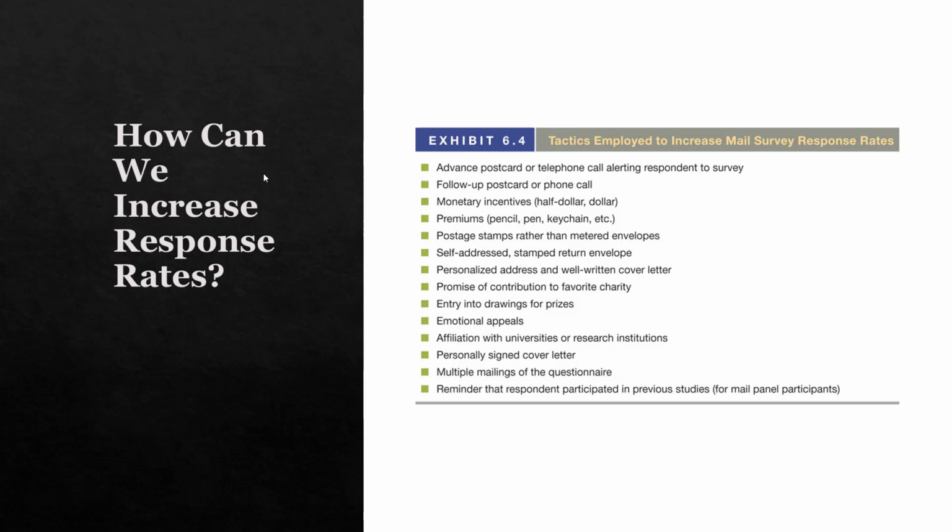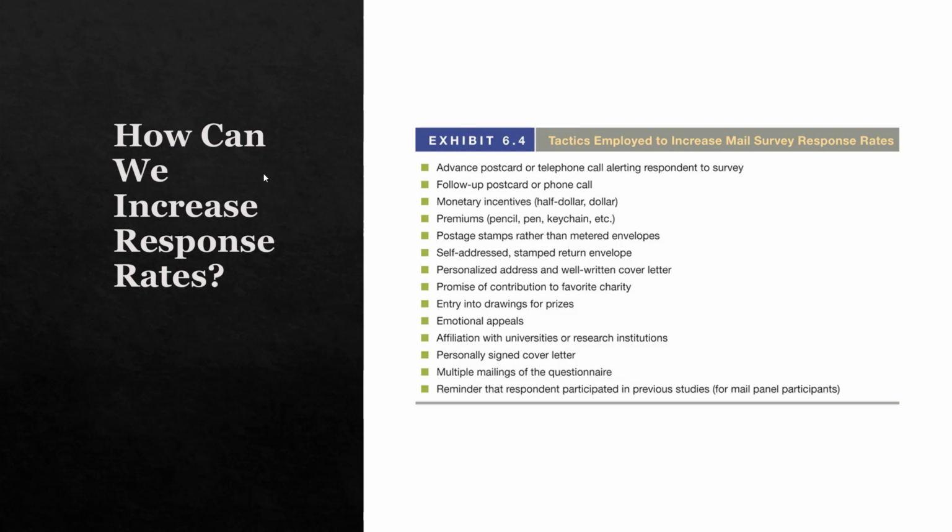But we find monetary incentives are not really a big one because people don't care that much anymore. Half a dollar is not much of value. Actually, a more effective way is something further down the list, the promise of a contribution to a favorite charity. Say you contribute $1 to your favorite charity. That's actually better than straightforward monetary incentives.